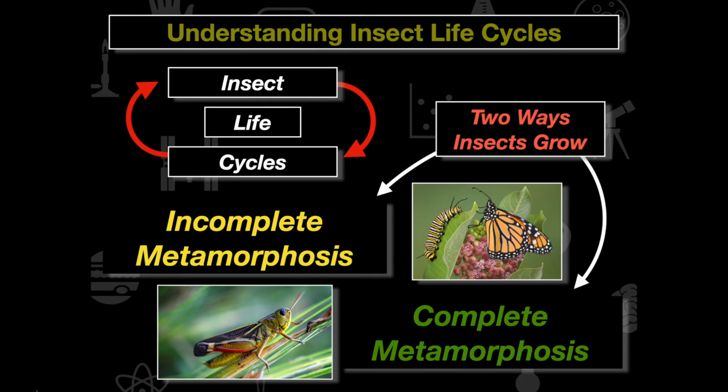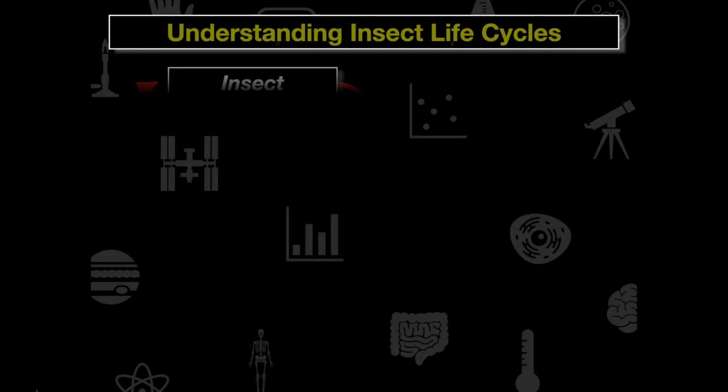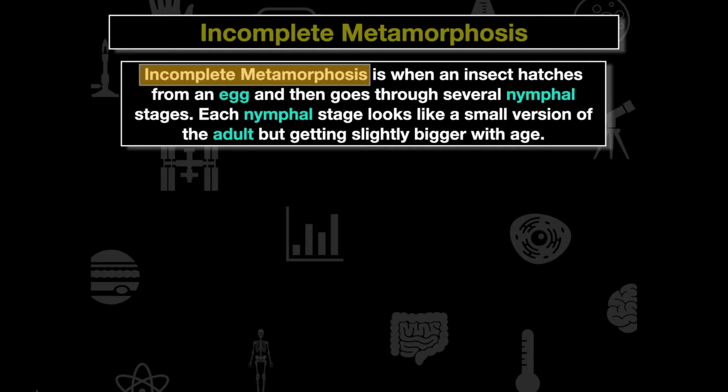So what we're going to do is look at these two insect life cycles. We're going to study this, and then we're going to understand how the lanternflies go from their nymphal stages to the adult stage. Now, incomplete metamorphosis is when an insect hatches from an egg and goes through several nymphal stages. Each nymphal stage looks like a smaller version of the adult, but getting slightly bigger with age.